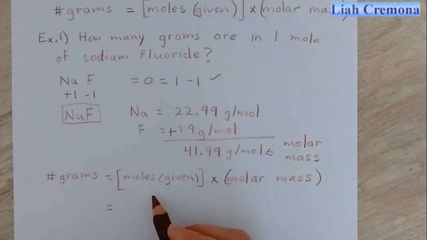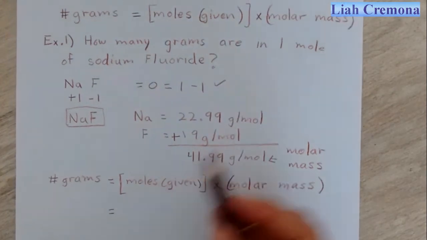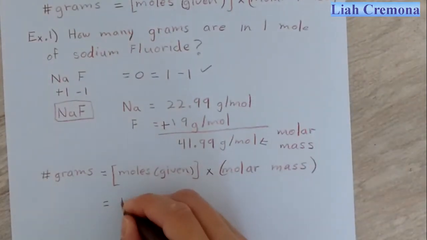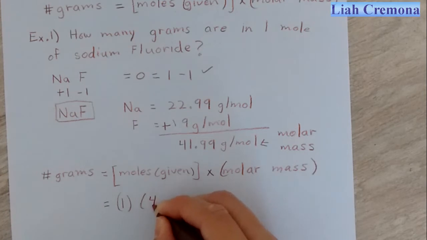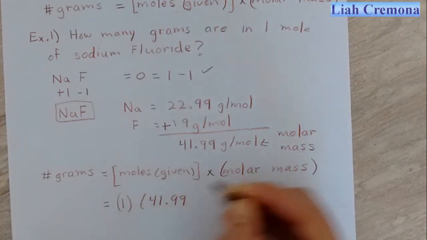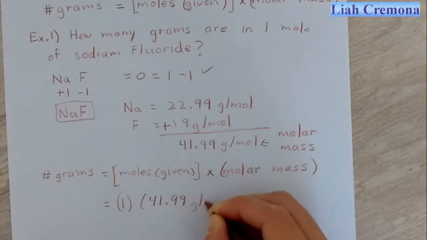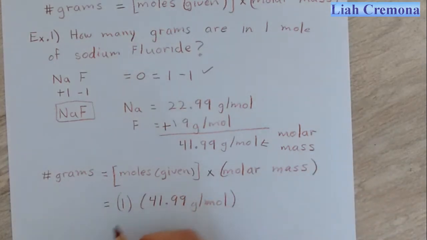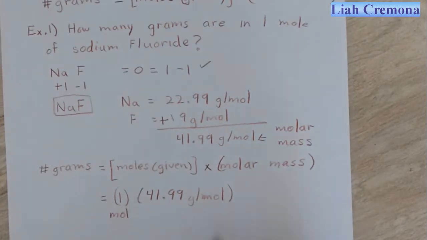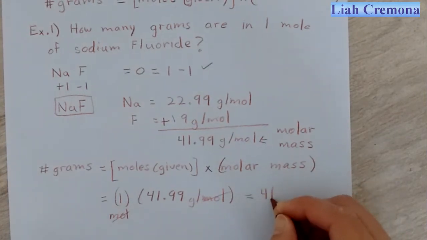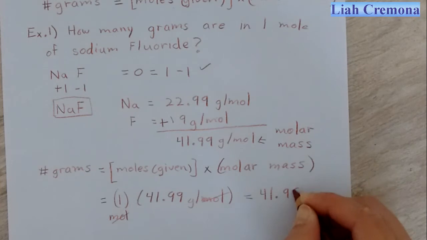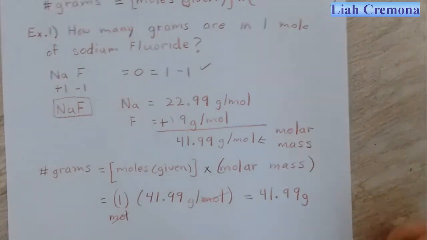The moles that were given for this question were 1 mole. So 1 times the molar mass. The molar mass is 41.99. And since here there was just 1 mole, we know that moles can cancel out, giving us the answer in grams, 41.99 grams.